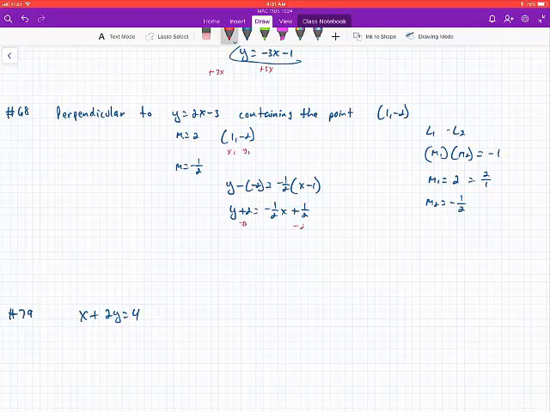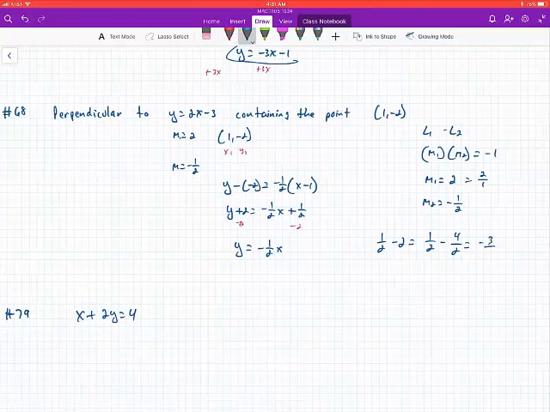So I can go ahead and finish it off. So y is going to be equal to -1/2 x. Now, 1/2 minus 2 is going to be, since I need a 2 in the denominator, 4 over 2. And so that's going to be -3 over 2.